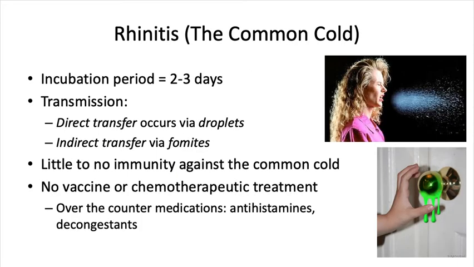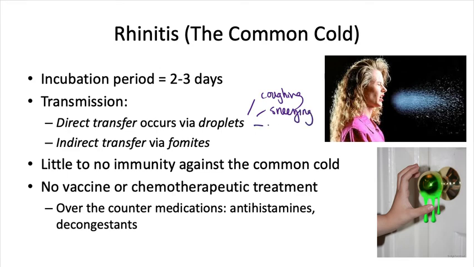All right. So the incubation period for the common cold is 2 to 3 days. That means if you start coming down with symptoms, chances are you were exposed to someone who is sick 2 to 3 days before. Transmission occurs by respiratory droplets. So remember, these can come from not just coughing or sneezing, but also through breathing and talking.